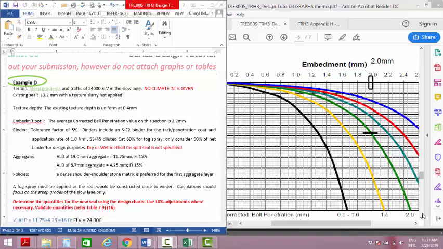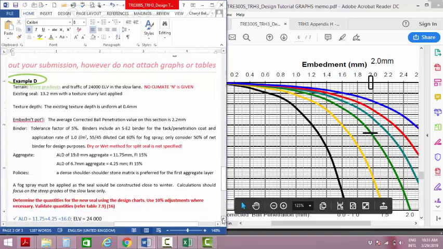But given that it is a split seal and that it's on an incline, the maximum bore penetration value we will look at is 2. And lastly, the texture depth: there will be no texture depth adjustment for a split seal. That's a given, and the fact that we're on a gradient is another reason why there will not be a texture depth adjustment. So we proceed by calculating the ALD, which is 16.